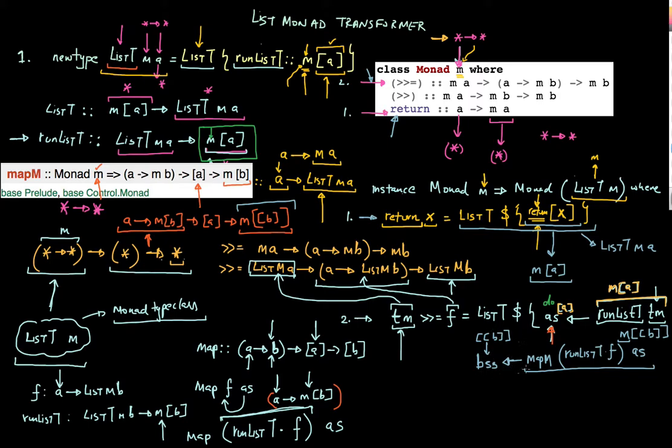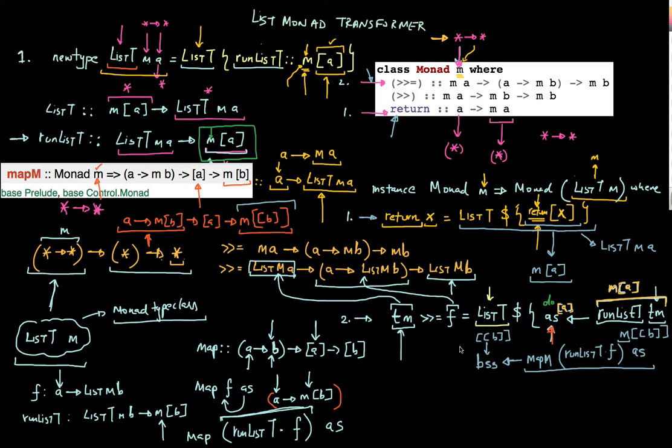After having separated the monad out from here, what I still need to do is, remember the very big picture here was I'm trying to create a value using this value constructor list t, which in turn is going to give me a value of list t of m of a, right? What I have so far is this bss, which is a list of lists of B's.